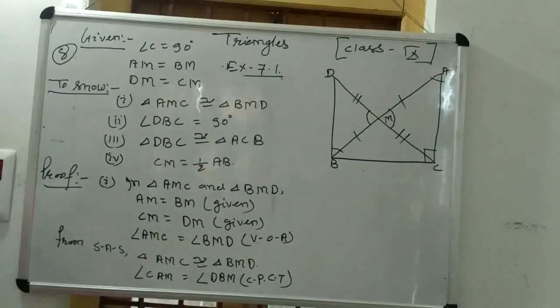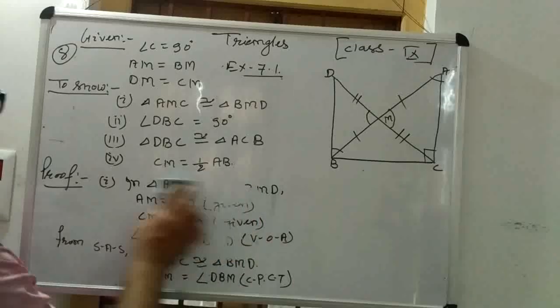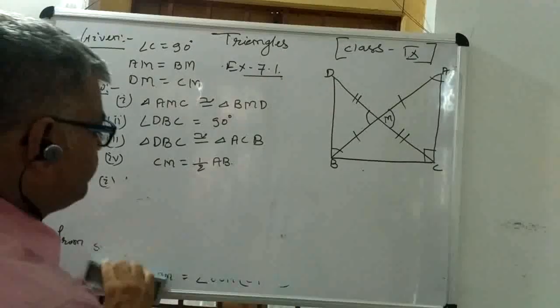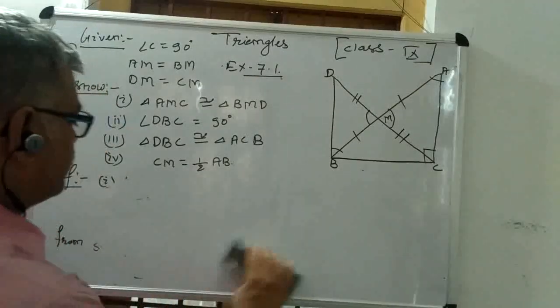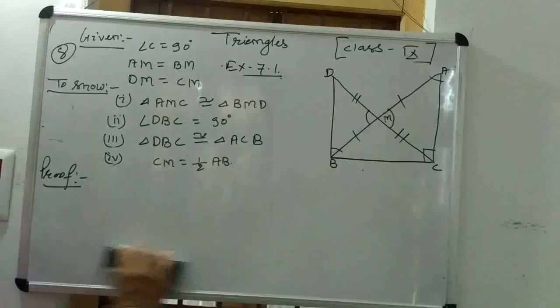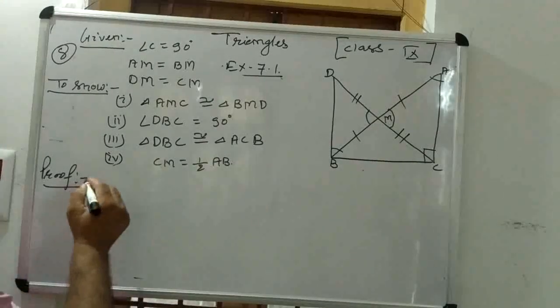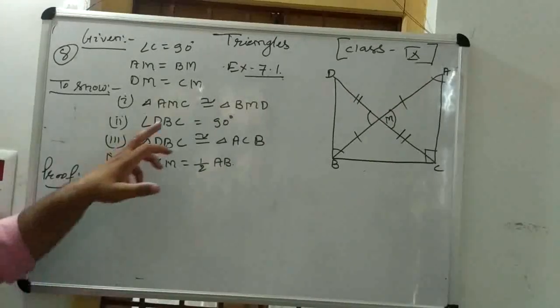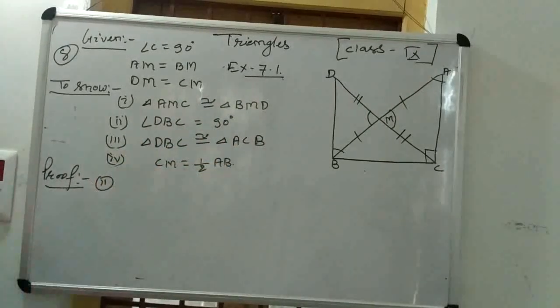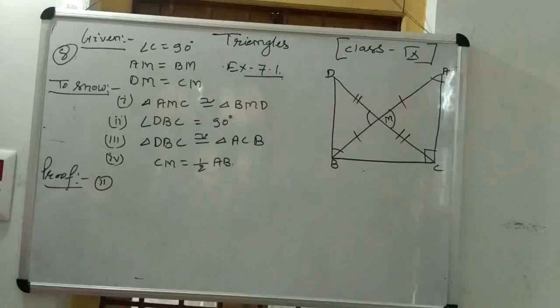Now we come to the second part. In the second part we need to prove that angle DBC is 90 degrees. Let's see how.